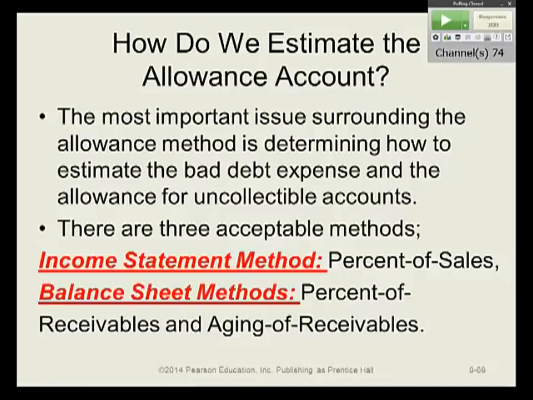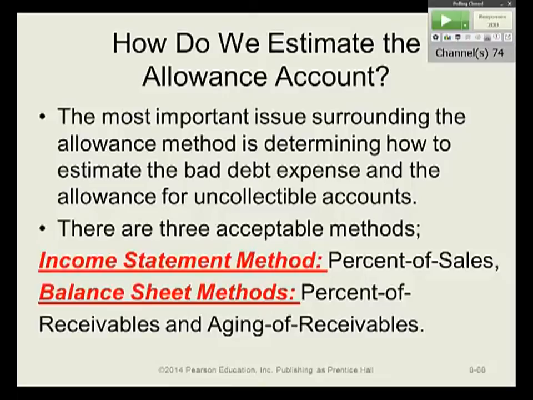Now, the question is, what method do you use to estimate? The estimated measure could focus on the expense and therefore may not give you the best valuation on the balance sheet. A balance sheet measure might give you a better net receivable balance, but may not give you the proper matching. So when you look at these methods, obviously if one focuses on the expense, it's got to force the allowance, correct?